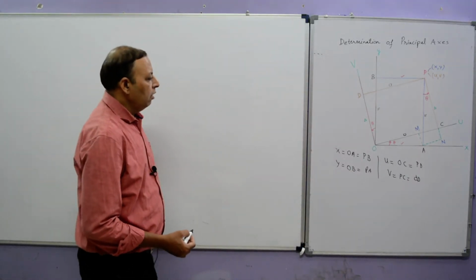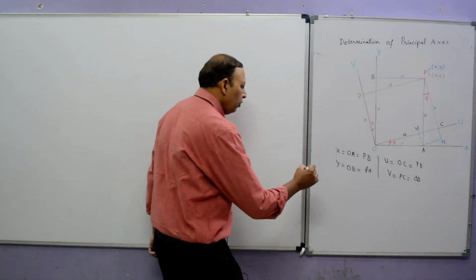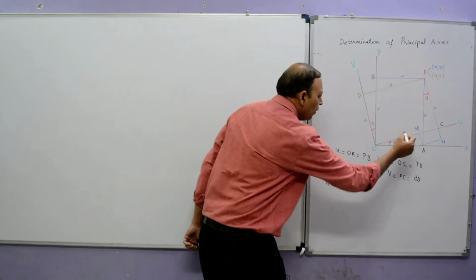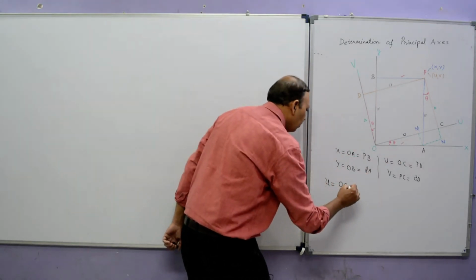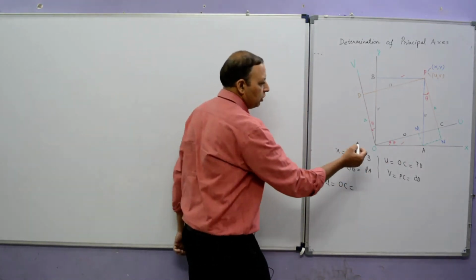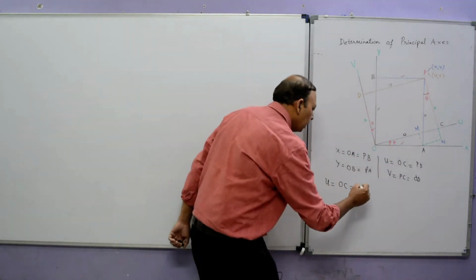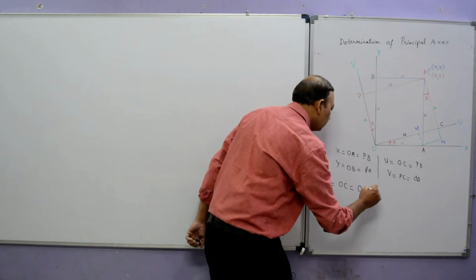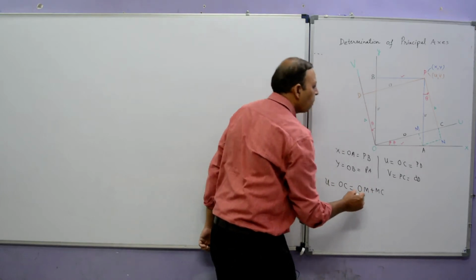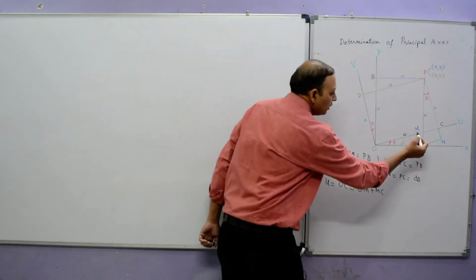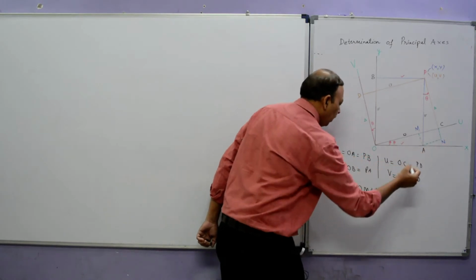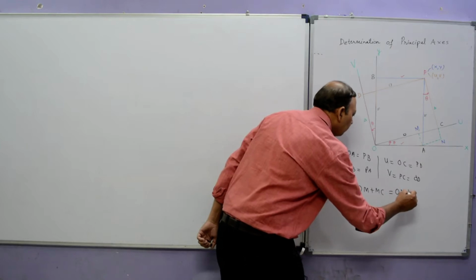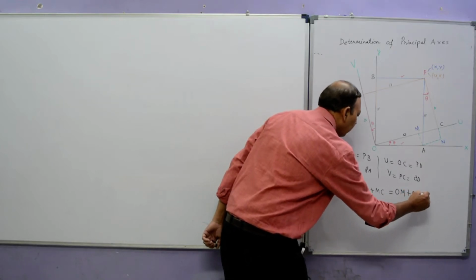Now u can be written as OC, and this can be written as OM plus MC, and this MC is equal to AN, so this can be written as OM plus AN.